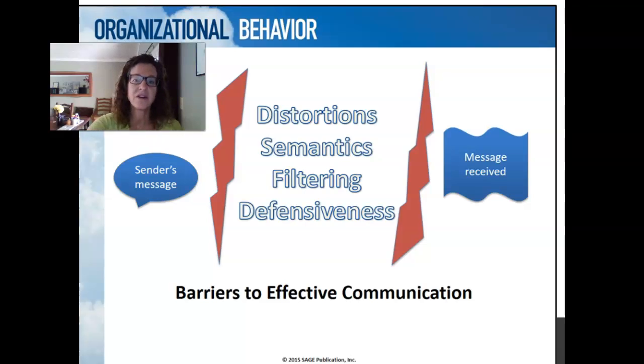One, the sender might unintentionally distort the message, maybe because the sender is unintentionally not including all the necessary information. Of course, the sender can also filter, as mentioned earlier, and intentionally not communicate the entire message. So the message can be unintentionally or intentionally distorted through filtering.